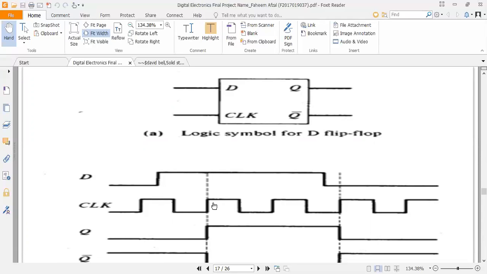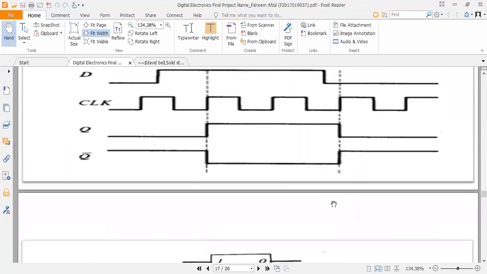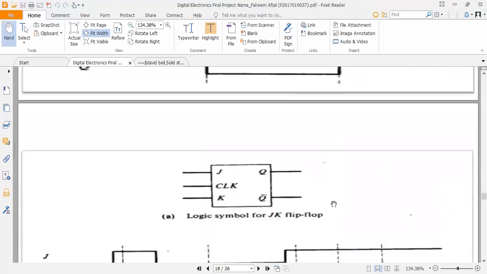When the first rising edge came during the duration when input D is high, the output will become high and it will remain high until D became low, and the output became low when input D became low and the clock's rising edge came. So Q bar will act opposite to Q.